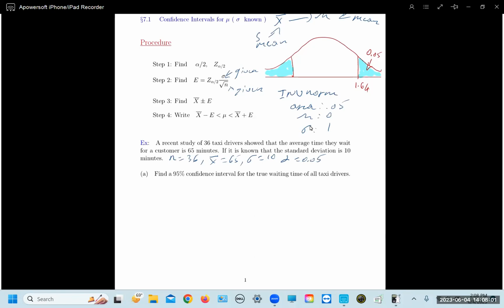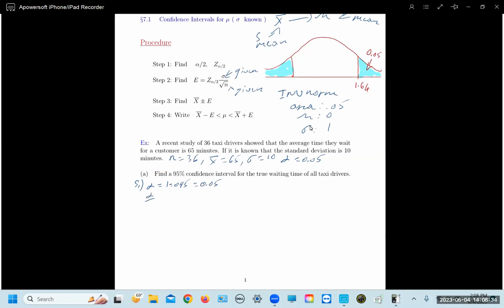So step one. We have 0.95 because this one is 90%. So the whole thing is one minus that, so this one equals 0.05.